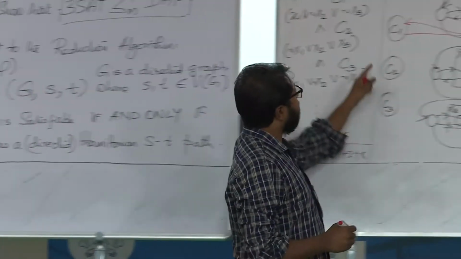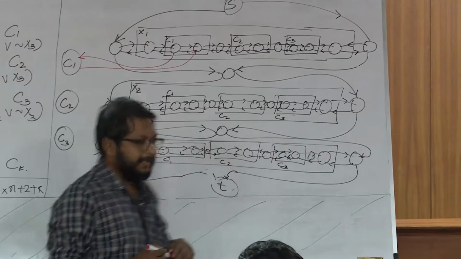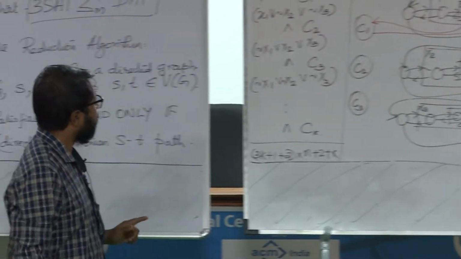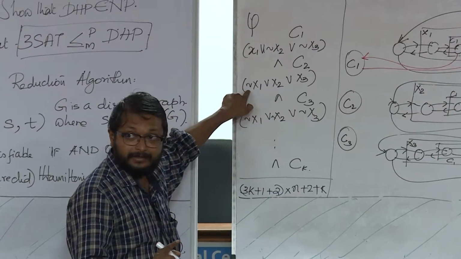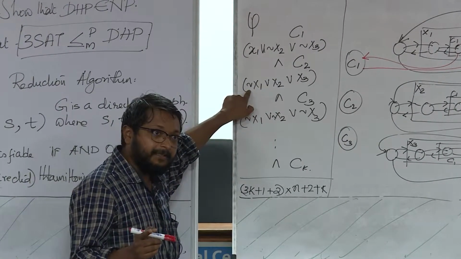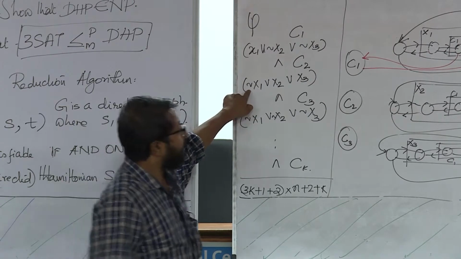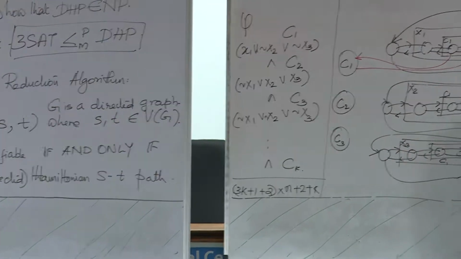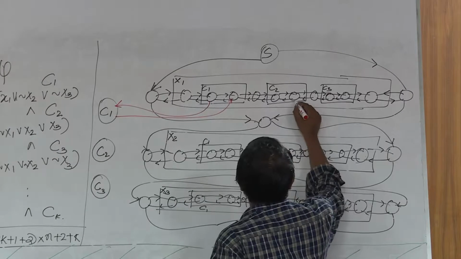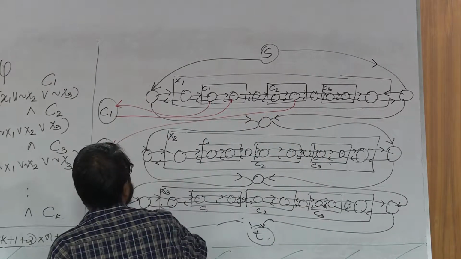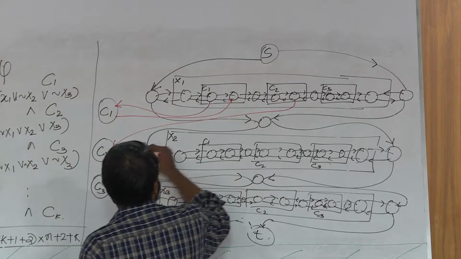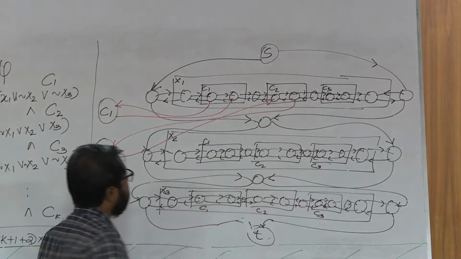Now, let us look at x1 C2. Is x1 appearing in C2? Yes. In what form? Negated form. So, that I should think of right to left. So, from C2 I put an edge from this side to this and a back edge this way.